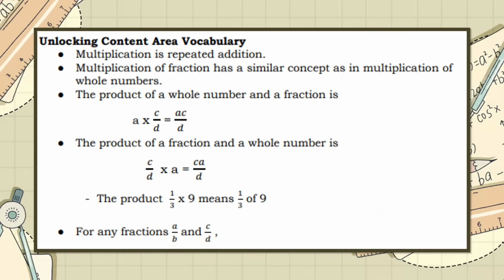The product of a whole number and a fraction is A multiplied by C over D is equal to AC over D. The product of a fraction and a whole number is C over D times A is equal to CA over D. The product 1/3 times 9 means 1/3 of 9. So for any fractions, A over B and C over D.